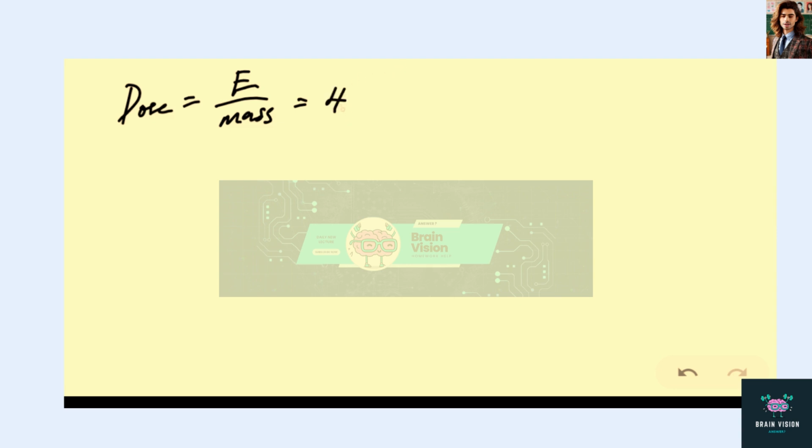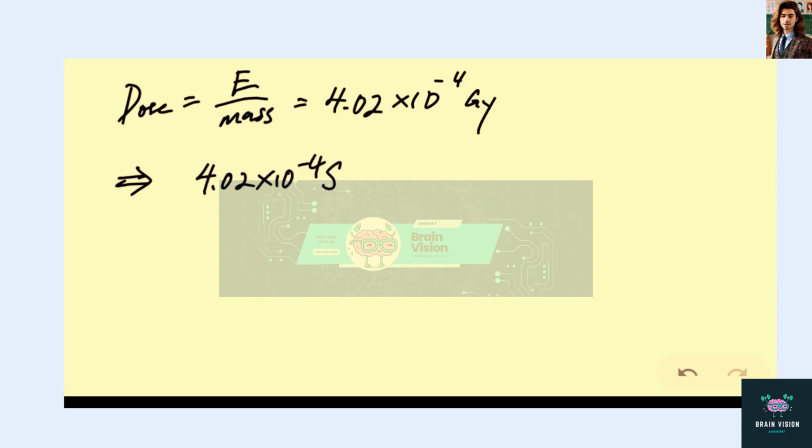So we get a dose of about 4.02 times 10 to the power minus 4 grays. And therefore, our dose in terms of sieverts is also 4.02 times 10 to the power minus 4 sieverts, since beta particles are assumed to have RBE of 1.